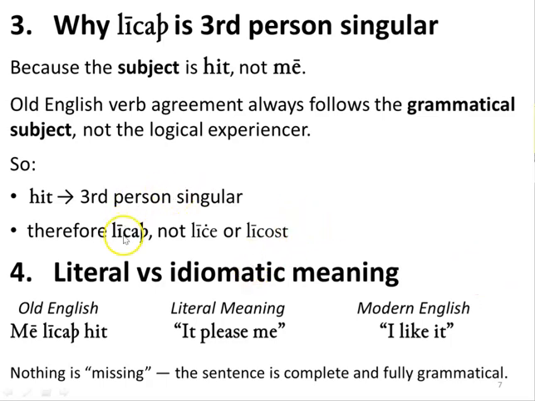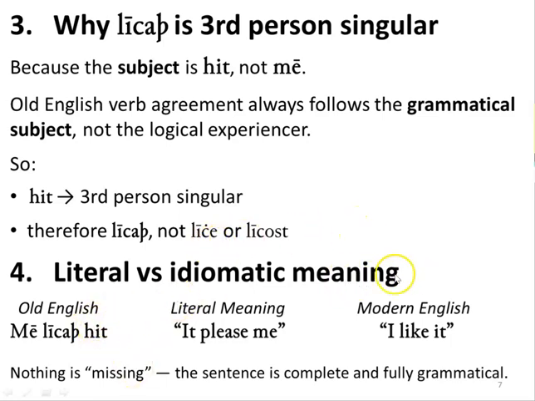The verb is chosen according to the subject, and the subject here is it. Līca would be more appropriate when talking about me: I like it. I in the nominative, and then you pick līca, hit.